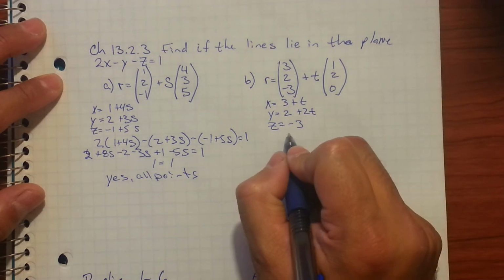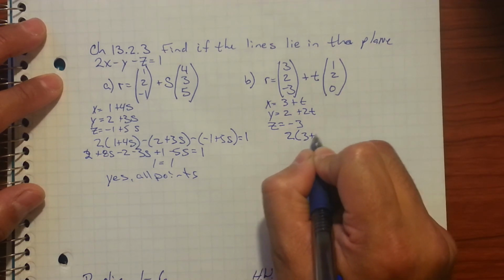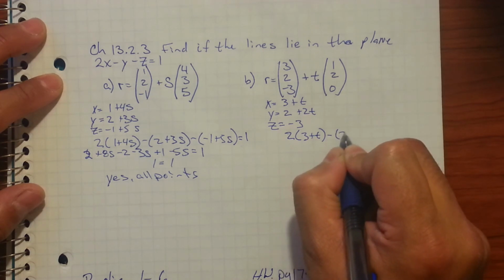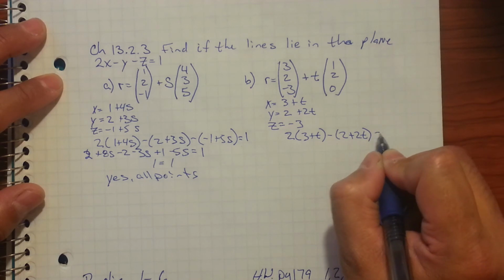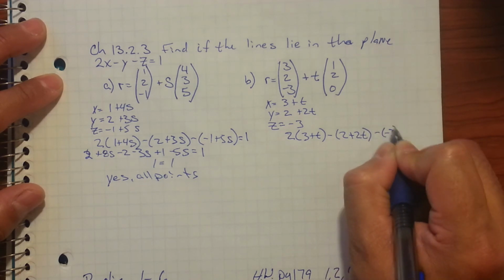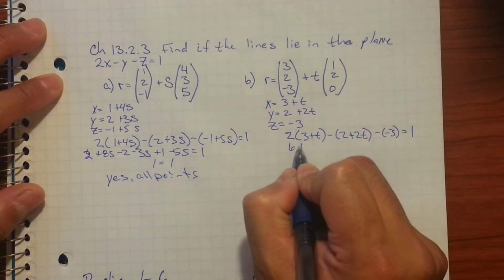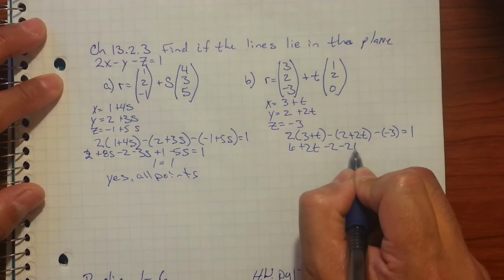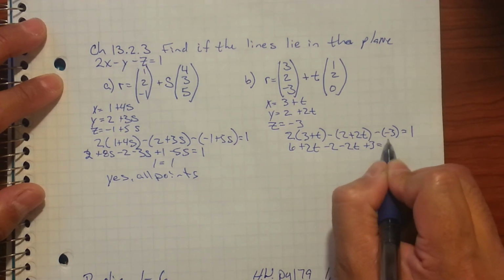Same equation, so I'm going to get 2 quantity 3 plus t, and I get minus 2 plus 2t, and again I get minus, and this time it's going to be negative 3 equals 1. 6 plus 2t minus 2 minus 2t. This one's going to be plus 3 equals 1.